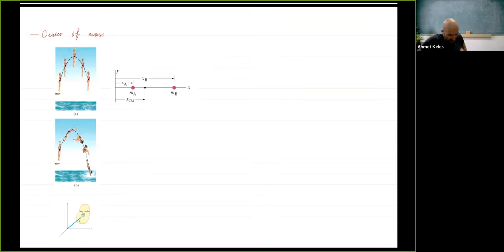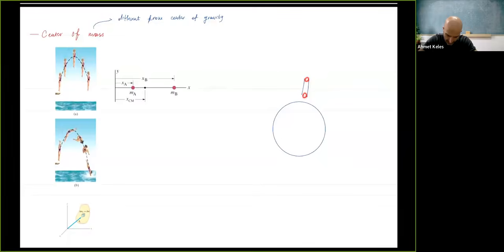So here, maybe first a warning. This is different from center of gravity. So what is center of gravity? Very briefly, if you have Earth, let's say, such a large object, the gravity acting here is different from acting here.